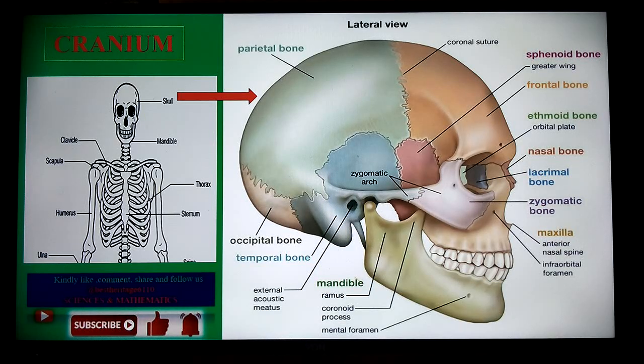Now today's discussion is going to be on specific features found on the cranium, which forms part of the axial skeletal part of the human support system. We are going to look at the concept of sutures, and I'm going to mention a number of sutures found on this part of the axial skeletal system, which we refer to as the cranium.